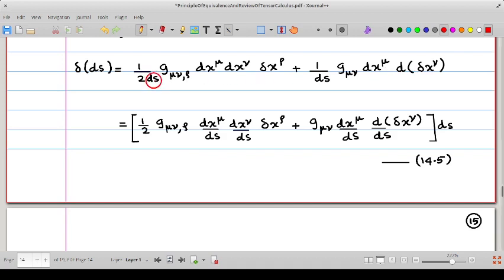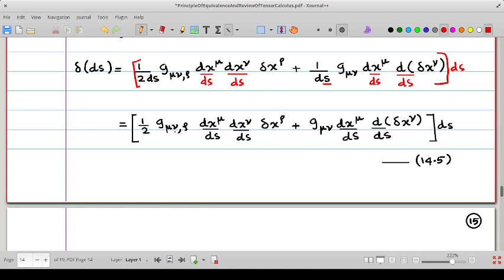Now this delta x can be taken and placed here, so that this will become dx mu by ds, and we can place another ds here if we multiply it with a ds. And similarly over here, this dx can go and sit here, and I can divide it by ds and multiply it with ds, and this ds can be taken as a common factor outside, and I will get this expression.